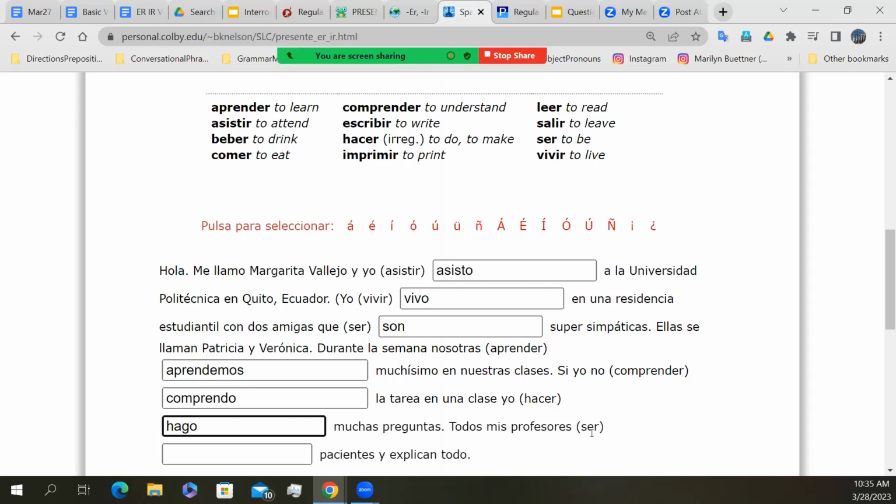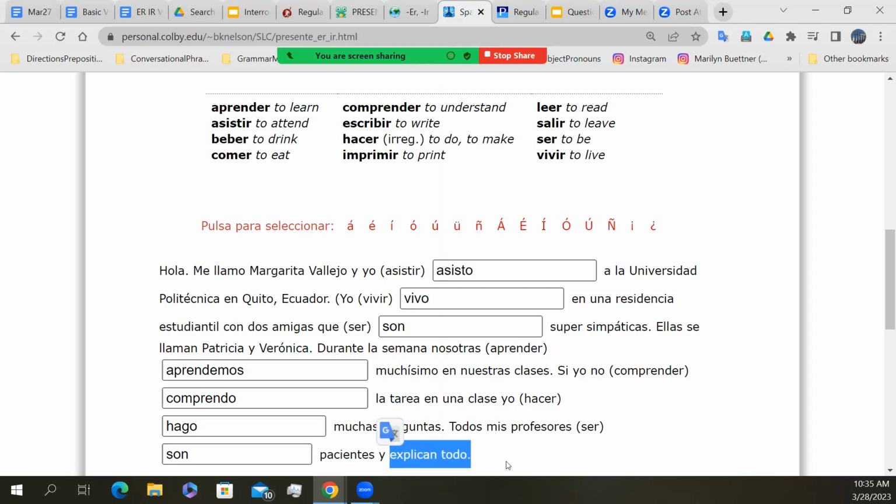Todos mis profesores, and all of my teachers are patient. Way back to that old verb ser. Son. Todos mis profesores son pacientes y explican todo. All my profs are patient and they explain. And look at what happened here. I'm surprised.